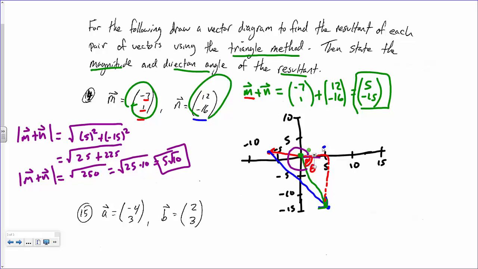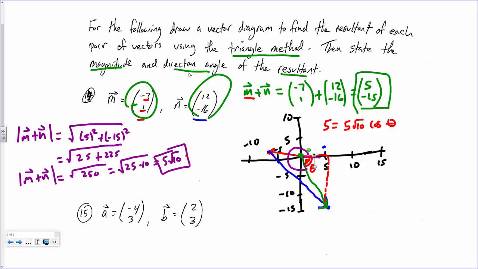Now this is the horizontal side of this triangle, so it's an x value, which is a cosine. So I can say that this number here, 5, is equal to the magnitude, which is 5 root 10, times the cosine of that angle theta.